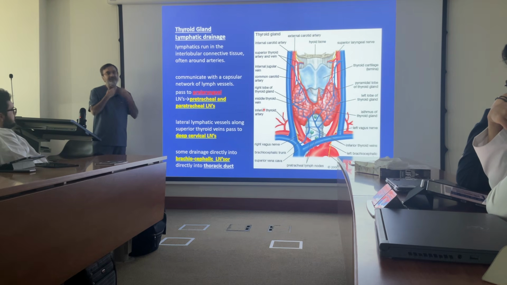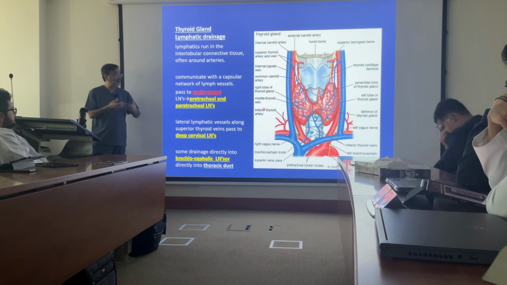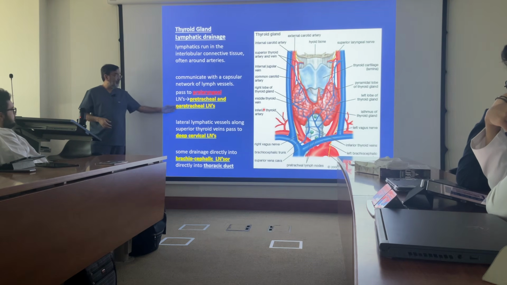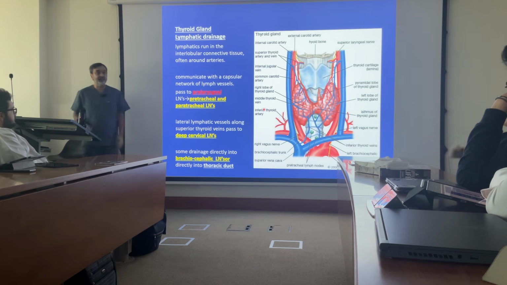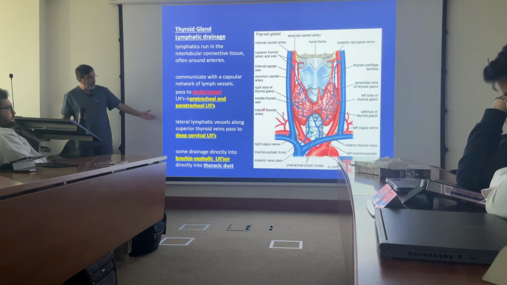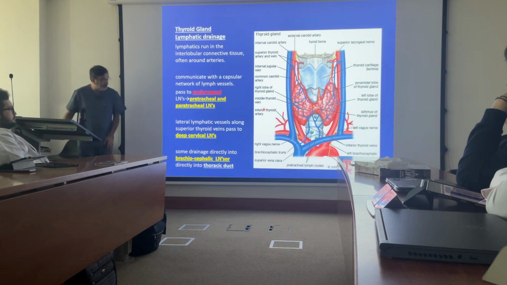So prelaryngeal in front of the larynx, pretracheal in front of the trachea, and then they go to the paratracheal group, and from the paratracheal group they go to the superior cervical group, deep cervical group of lymph nodes, and ultimately they drain into the brachiocephalic group of lymph nodes.